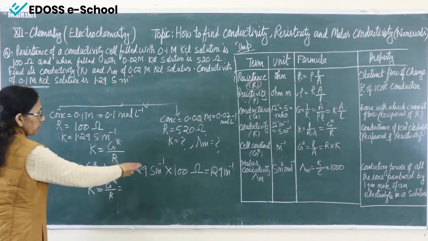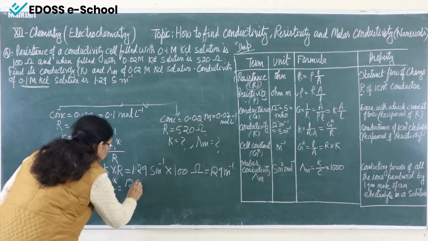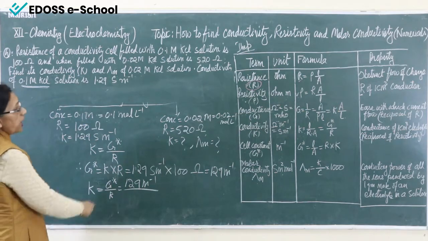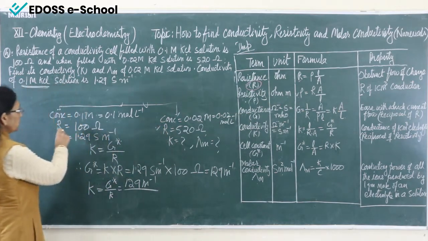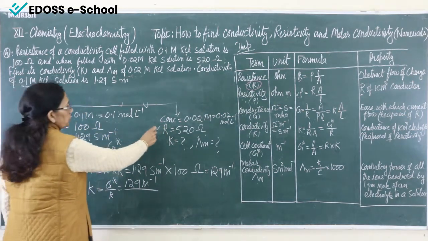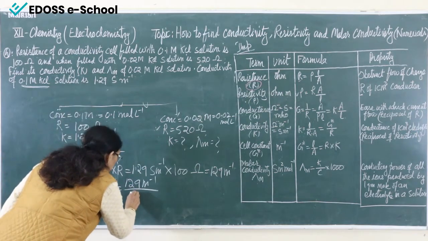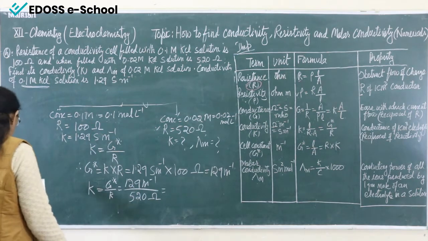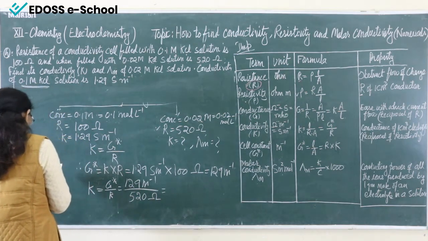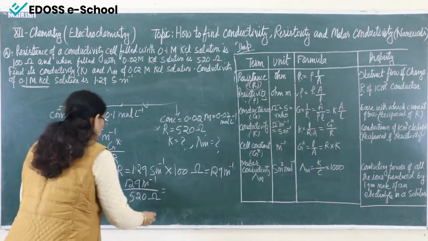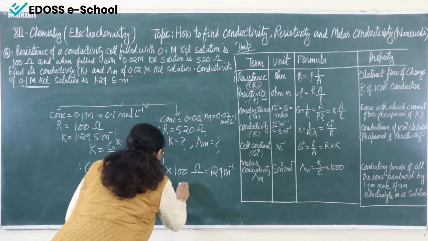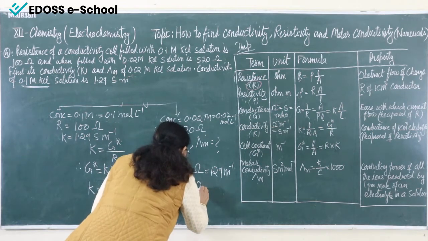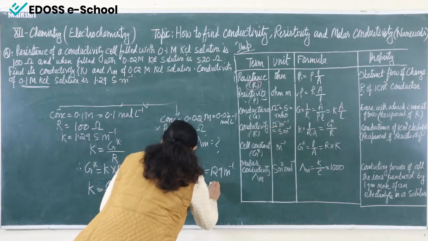So here we will put 129 per meter and R. Now for R we will take this one, not the earlier R. So R is equal to 520 ohm. Now we will calculate, and after calculating we will get the value. This is equal to 0.248 per ohm per meter.